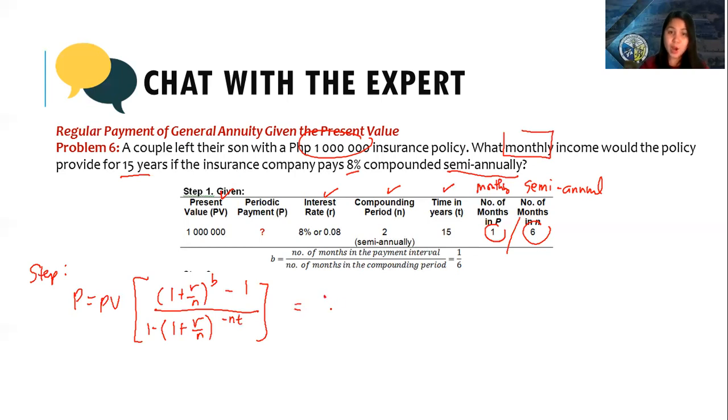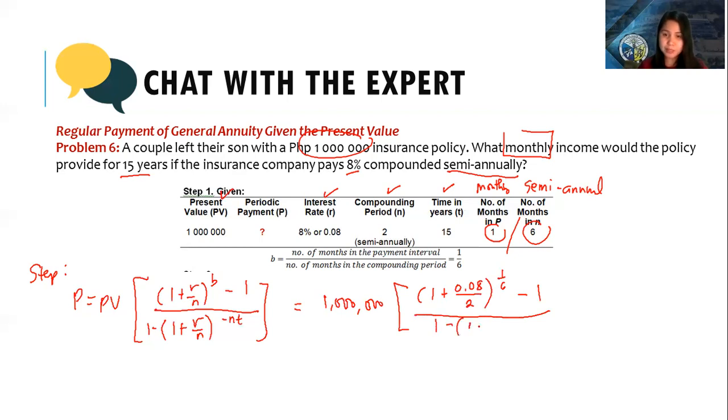Here, our periodic payment, the present value is 1 million times (1 plus 0.08 over 2) to the power of B, that's 1/6, minus 1, all over 1 minus (1 plus 0.08 over 2) to the power of negative 2 times 15.